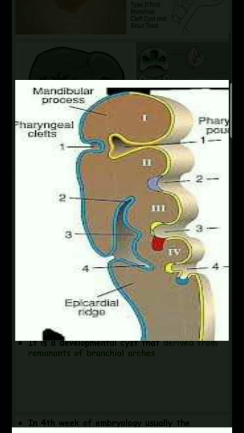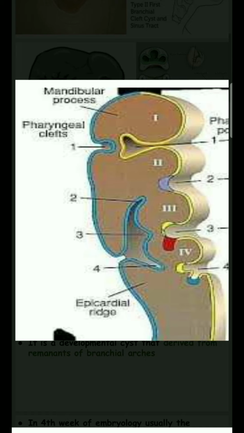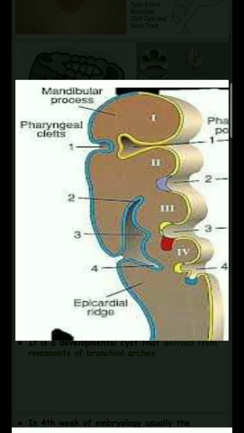The second pharyngeal arch overgrows and obliterates the third and fourth pharyngeal clefts, and because they get obliterated, they fuse together with the second pharyngeal arch. Overgrowth of the second pharyngeal arch leads to fusion of the third and fourth clefts.